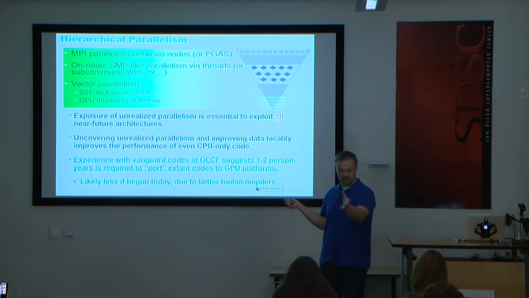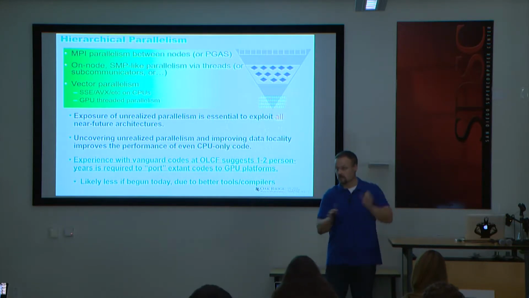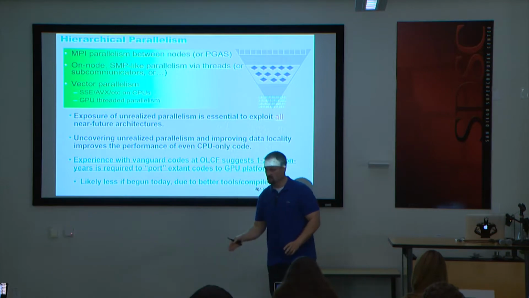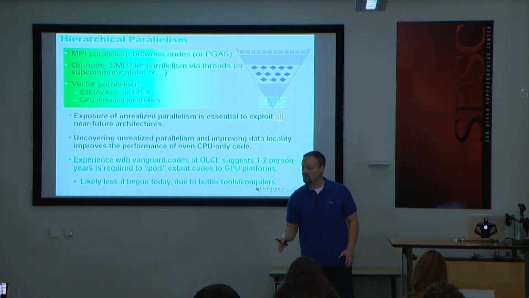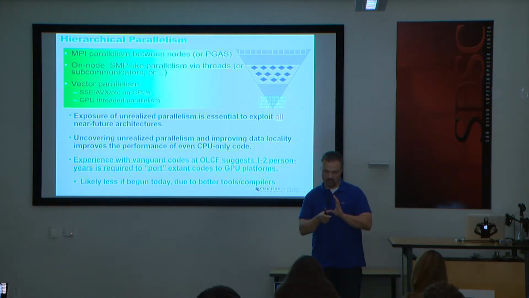CPUs like those in your laptops use special instruction sets like SSE or AVX, where they take a vector of operands, a list of numbers and another list of numbers, multiply them all together with a single operation and get a list of answers out. GPUs change that a little bit. They're not true vector machines, but they're symmetric multiprocessors, so there are multiple threads that execute all at once on a GPU that sort of mimic that behavior.